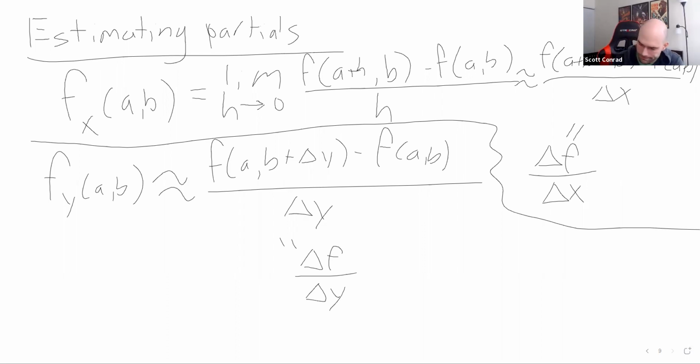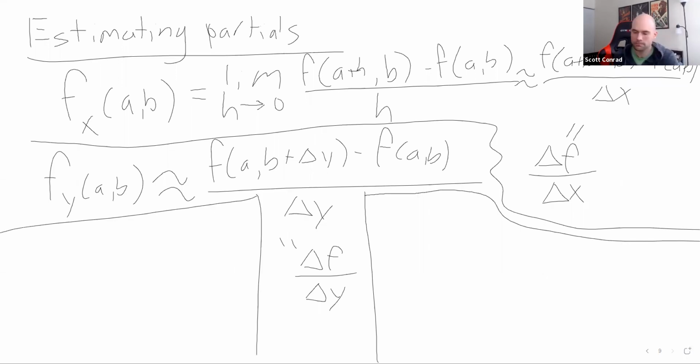So for example, let me draw a contour map of some function. So remember, contour map is you draw a few level curves of your function.